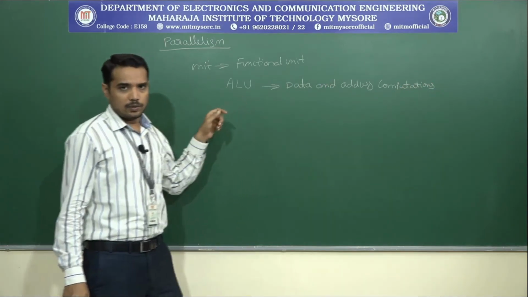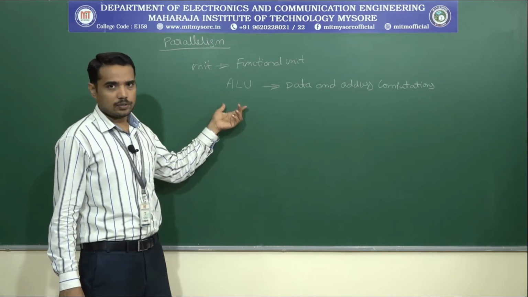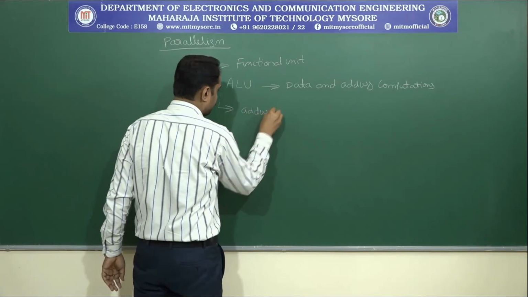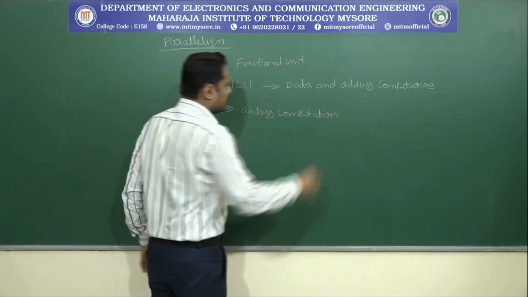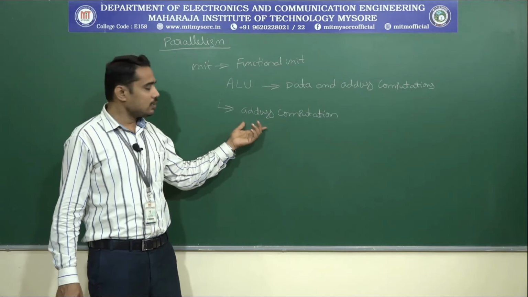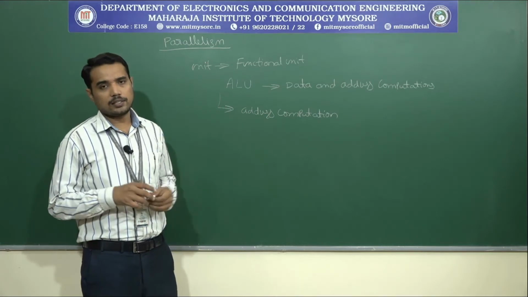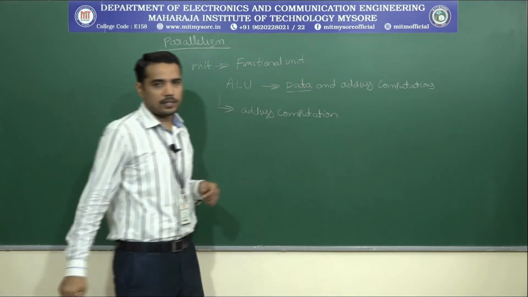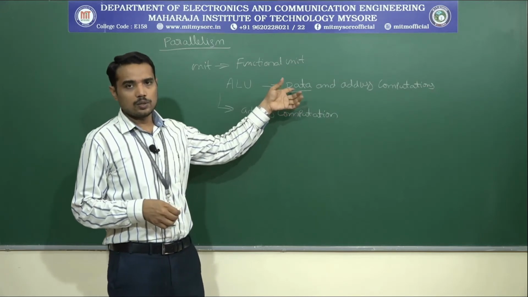Instead of having a single ALU, if you have more than one ALU, then the second ALU will be responsible for address computation. That means if you have a separate arithmetic unit to handle address computation, then this second unit frees up the main arithmetic unit, which can entirely concentrate on the data computation. Thereby, it increases the speed and also increases the throughput.